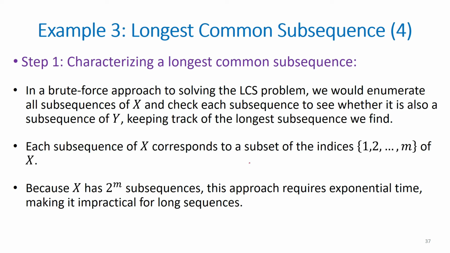This is similar to a set with m elements, as shown over here. We know that for such a set, there would be 2 to the power m subsets. Therefore, sequence X, if represented as a set, would have 2 to the power m subsequences and thus requires exponential time. So we need to find an optimal substructure property for LCS to make it more efficient to solve using DP.